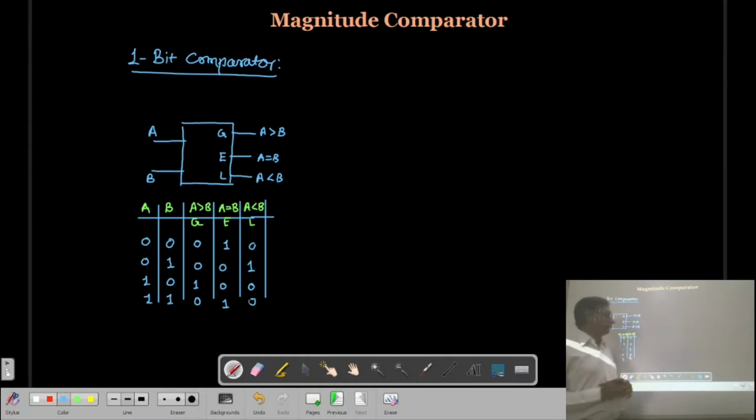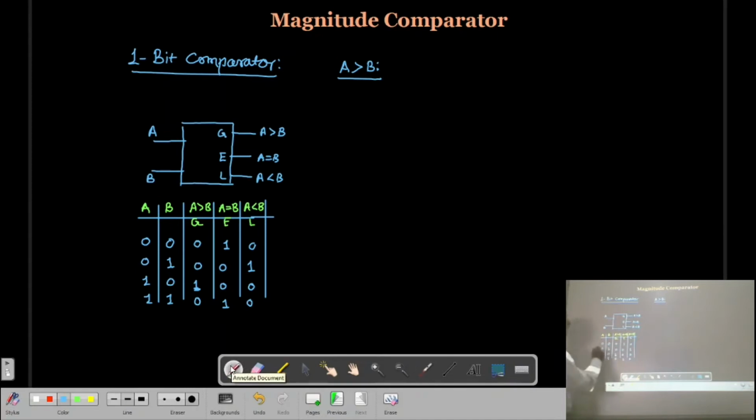Now what are the expressions? First of all, we will write the expression for A greater than B. To write this expression, you have to see the fundamental product where this output is high, and the fundamental product for this will be A B bar.